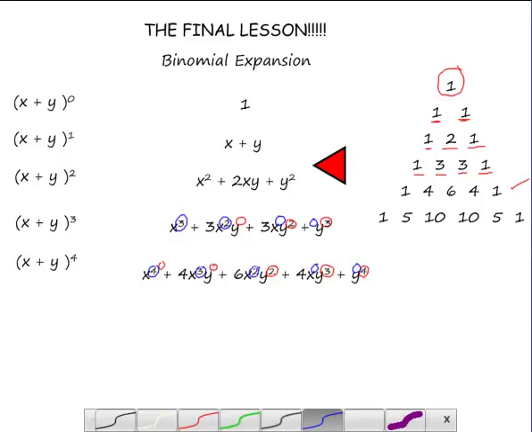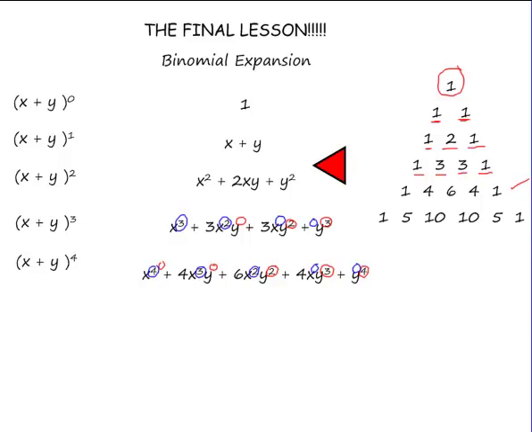So if I wanted to do this expansion of one more row, x plus y raised to the fifth power, the first thing I'm going to do is use my Pascal's triangle. So I know I have a coefficient of 1, of 5, of 10, of 10, of 5, and a 1.